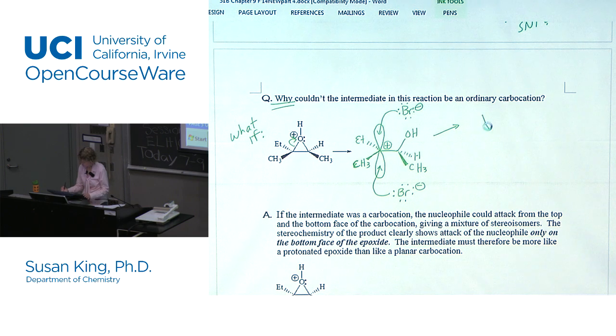So let's draw the two products that you would get if this is the case. Notice that the bromide is coming in on the same side as the leaving group, the hydroxyl. And if it comes in at the bottom, then we would get this product.